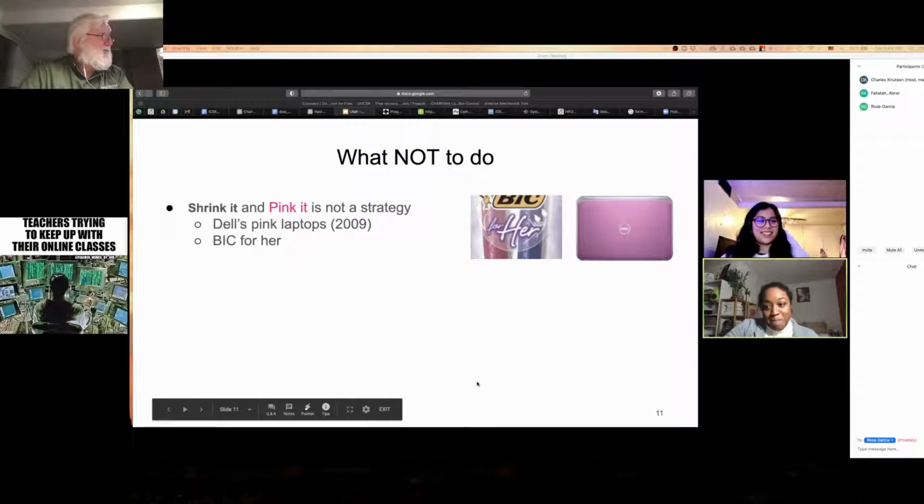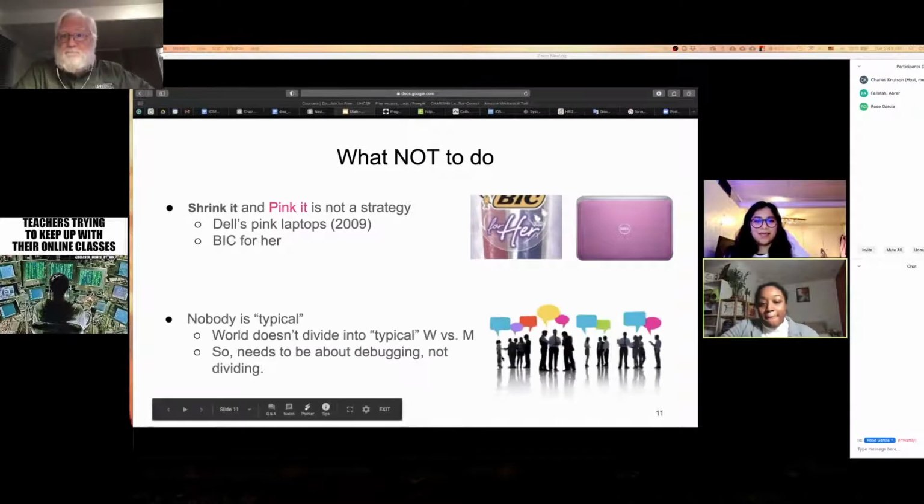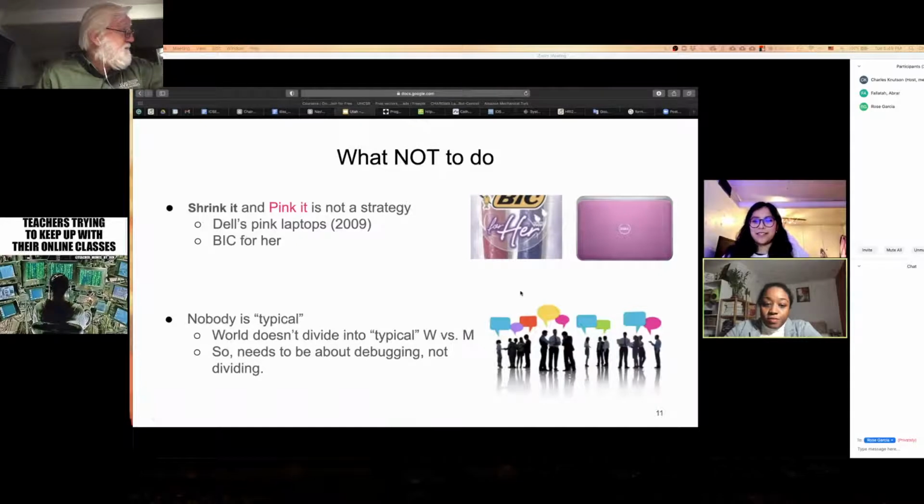So if we can go to the next little bit on this slide. So nobody is typical. And this is a big concept in inclusive design, that there's no average user, typical user. That's a concept that we don't really think about, and we don't want to think about in this type of designing.